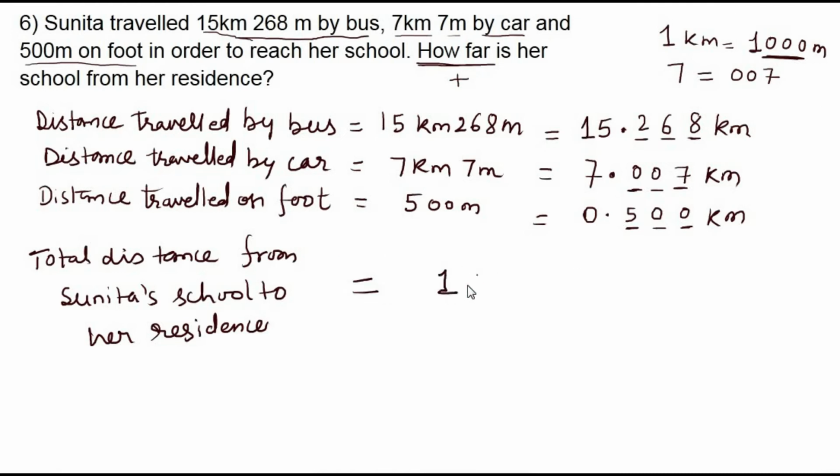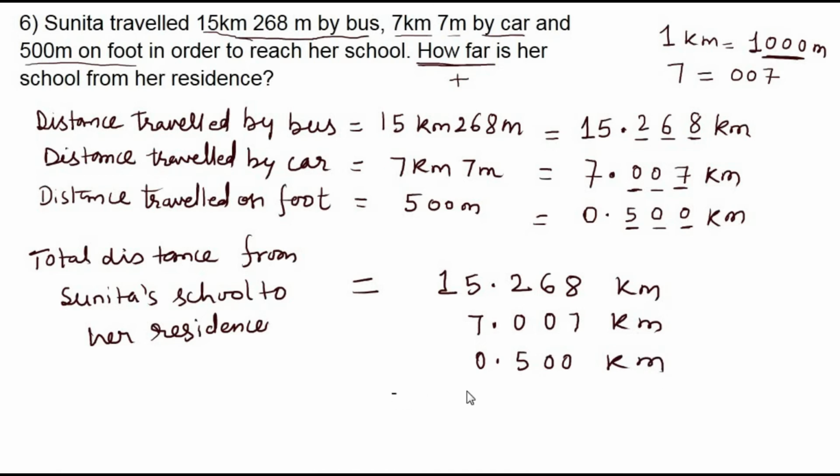So we will write here 15.268 kilometer, then 7.007 kilometer, then 0.500 kilometer. Then we need to add this.